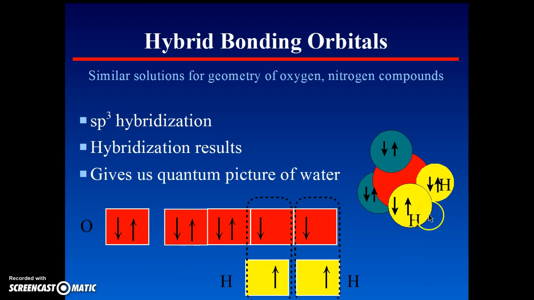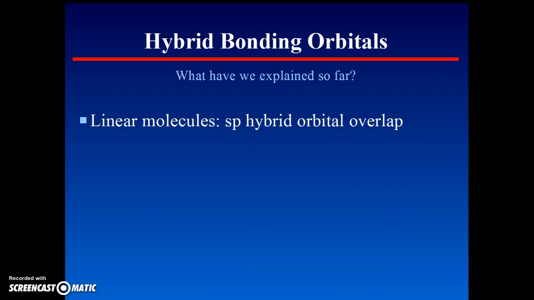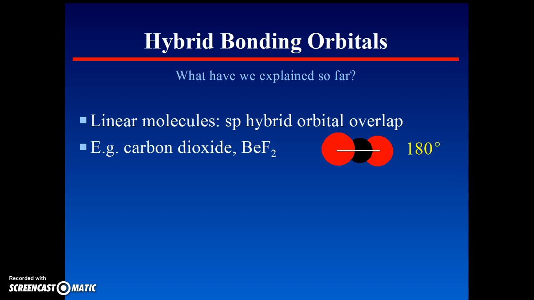We can now see the hydrogens attached and the 2 unbonded pairs or lone pairs pushing on those hydrogens to give us that characteristic 104.5 bond angle. What have we explained so far? Well, we've explained linear molecules with sp hybridization, for instance in carbon dioxide or beryllium fluoride.